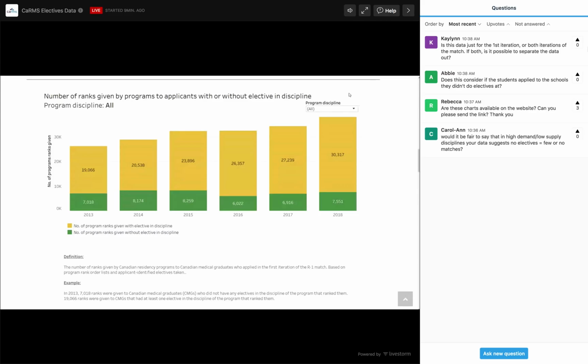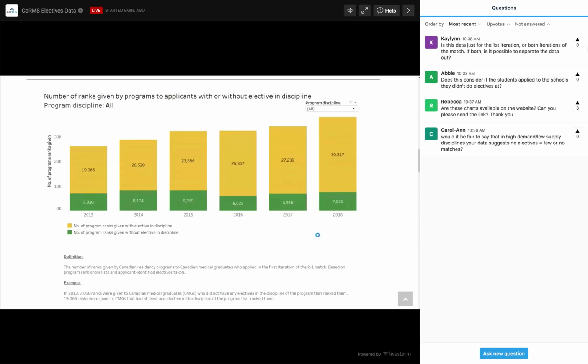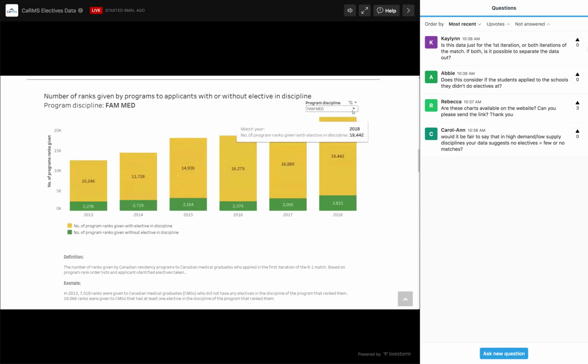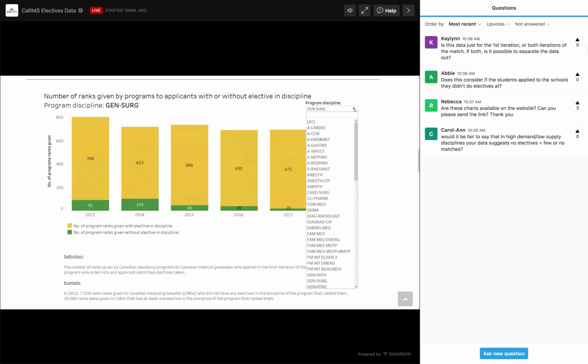And similarly, we'll take a quick run through the same disciplines. There's family medicine, general surgery. So again, you can see some pretty significant compare and contrast amongst the various disciplines, and that's true for all of these views.